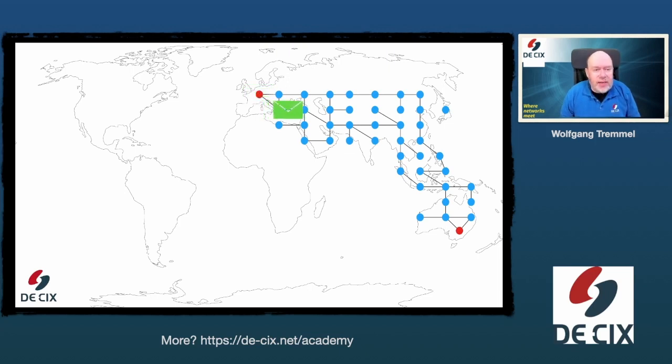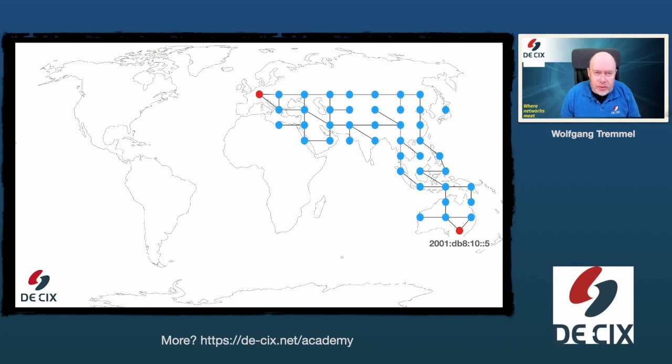So to send data from Europe to Australia, it goes along a lot of these routers until it reaches its destination. So this is the path it took. And of course, the question is, how does it find its way? And this is also where, again, IP addresses come into play. So we know the destination IP address where we want to send data.